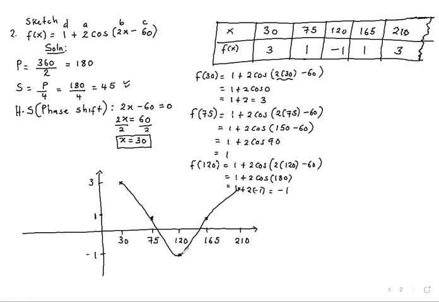The same sketch. Let's do it without using the table and see what happens. So we are dealing with f of x is equal to 1 plus 2 cos (2x minus 60).